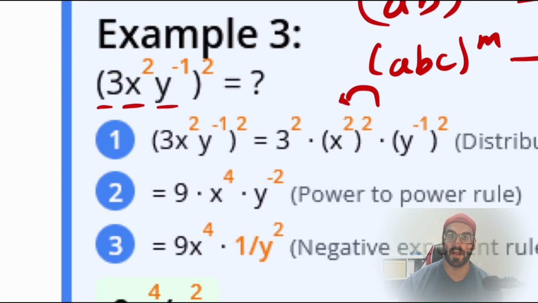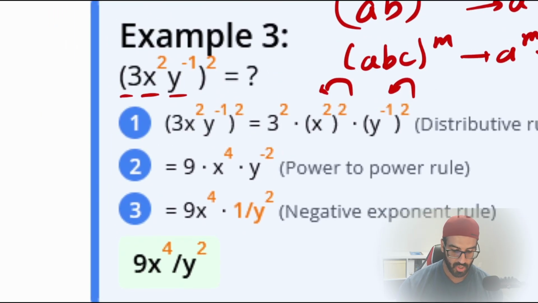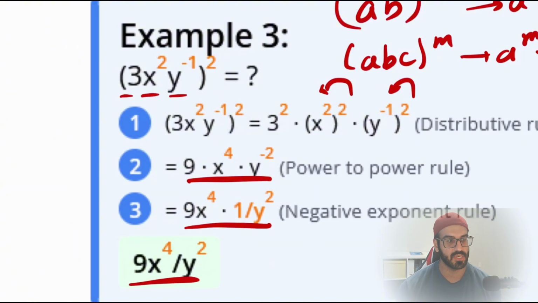And after that, y to the power negative 1, to the power of 2, is going to be y to the power negative 2. So just keep those terms next to each other, and after that, either you can write it down like this, or you can write it down like this, which is going to be this one. It doesn't matter. As long as you have this, if I was your teacher, if I was your instructor, I would say that you get the full mark because you completely understand the concept of power.